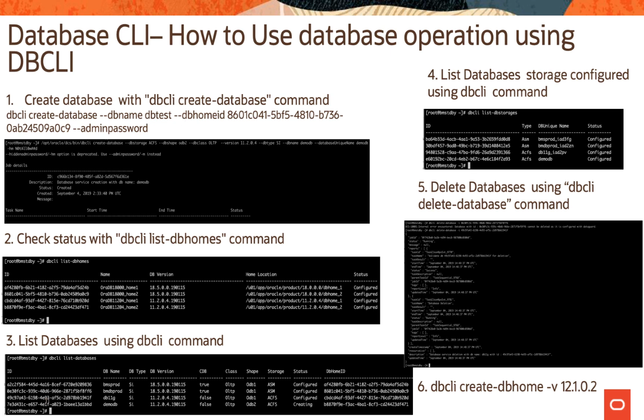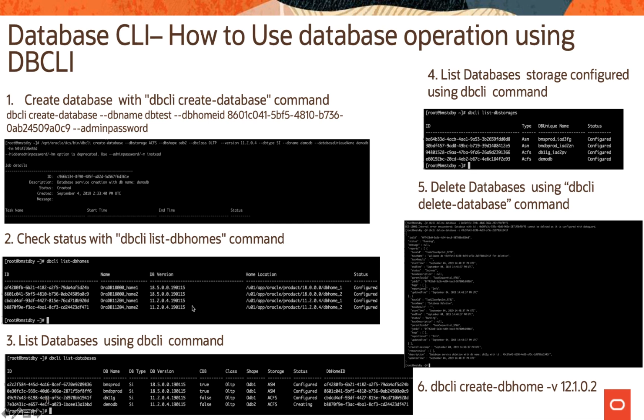Then you specify the database home ID, which you will get from the DBCLI list dbhomes command. This command is going to return you the IDs for those database homes. So you will pick one of them, and then you need to pass the admin password. Once you launch this command, you will see that a job is created and the database is going to be created with the name you specified.